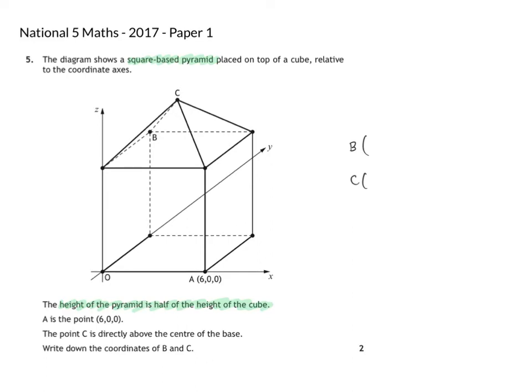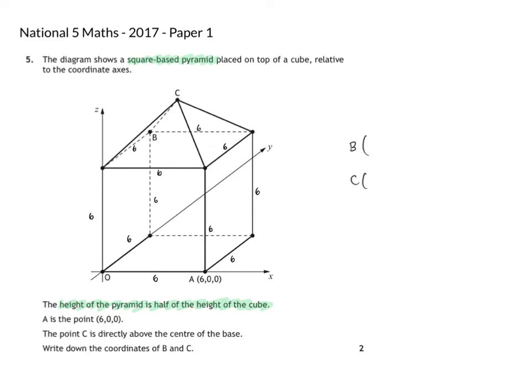So they've told us here that A is 6 points along our x-axis. So that tells us each side of the cube has a length of 6. So I can just kind of draw those in. So each side, every single one, is 6 within my cube.